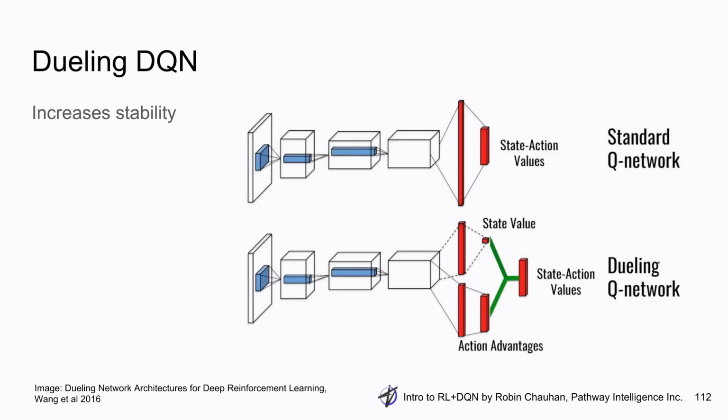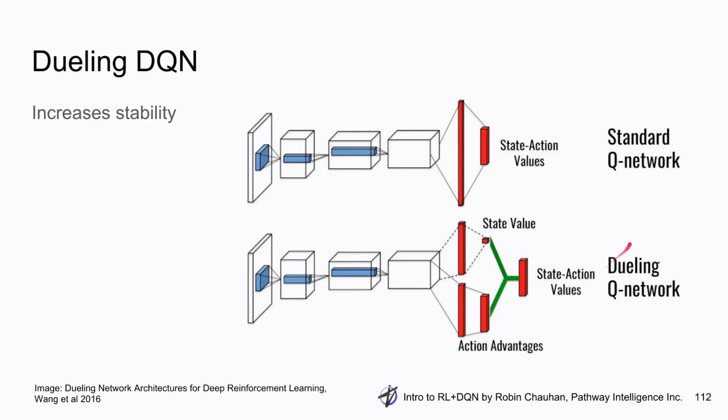Dueling DQN. This is an interesting one. It's kind of simple, but it works well. So, where you have the state action values at the very end in a normal DQN, in dueling, you split up the state value and the action advantages. I don't know if you remember in the beginning I said value-based methods can use a Q, which is what we're doing, or it can use a V, a value function of a state, or an A, which is an advantage of an action in a state.